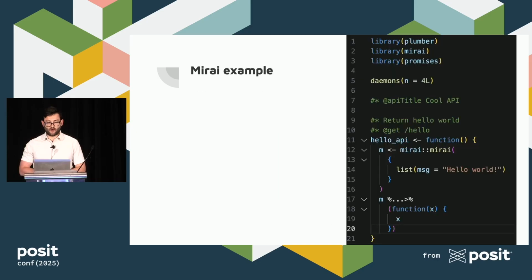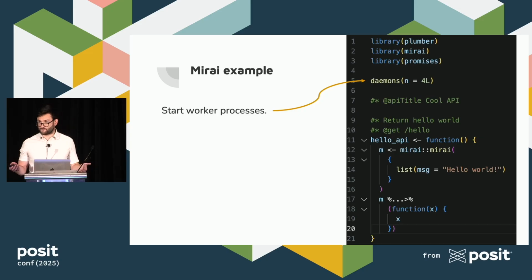So how can we go about doing this? We have this basic example. It's another hello world example. And the way that we're going to go about doing this is we're going to use a function from Mirai called daemons, which is going to spin up 4 workers in this example, 4 R processes that are going to be lurking in the background there, waiting to do stuff.